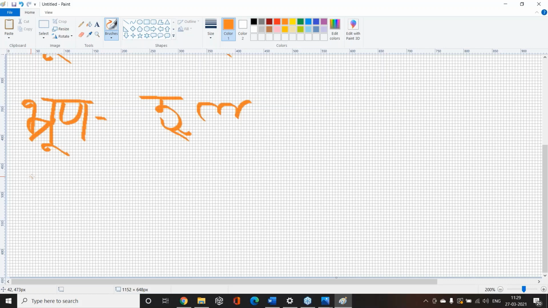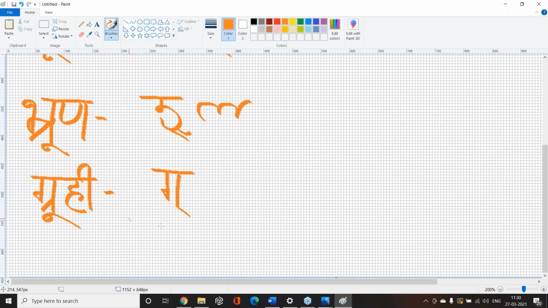Now with ga also, let's try it with ga as well. Room. Now we have the matra ra, which will attach here.